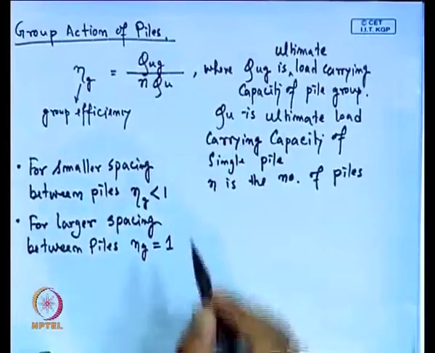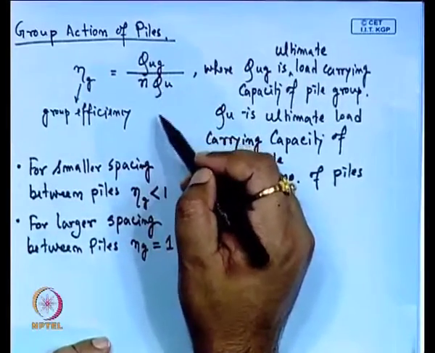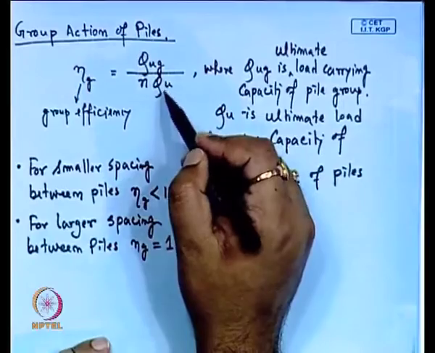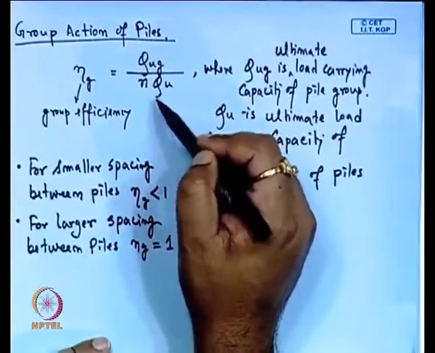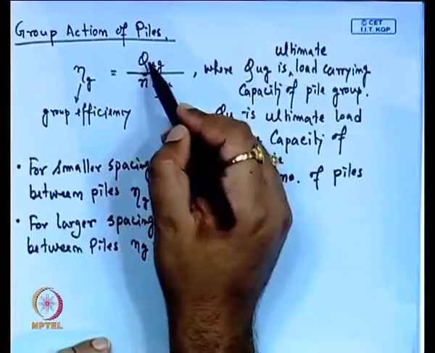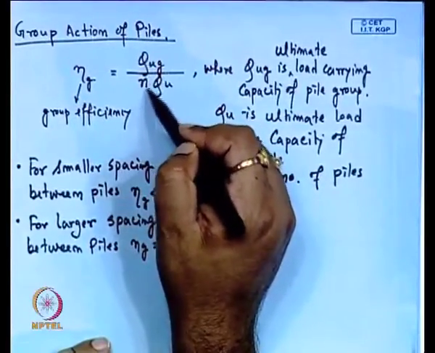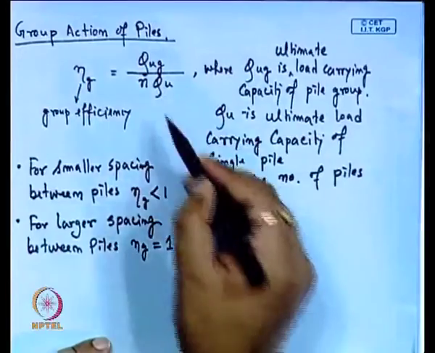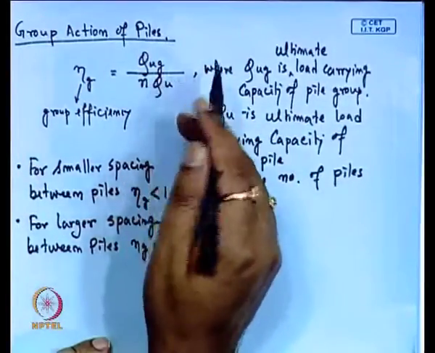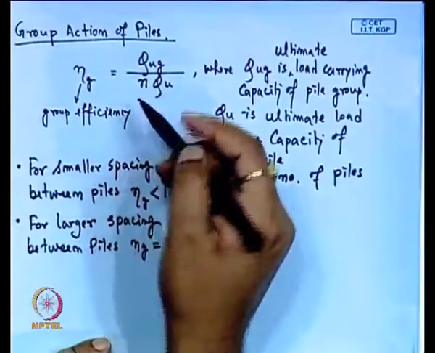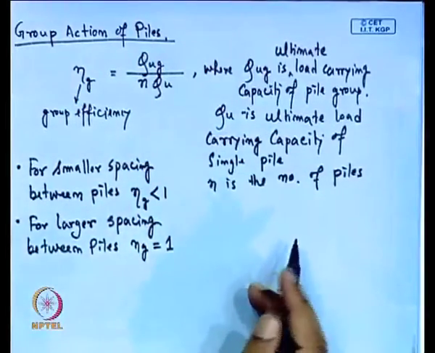For the largest spacing, individual pile failure will occur. So the group capacity equals the individual pile load carrying capacity times the number of piles, that is, Q_UG will be equal to N into Q_U. That means the summation of the contribution of each pile will give the group load carrying capacity.